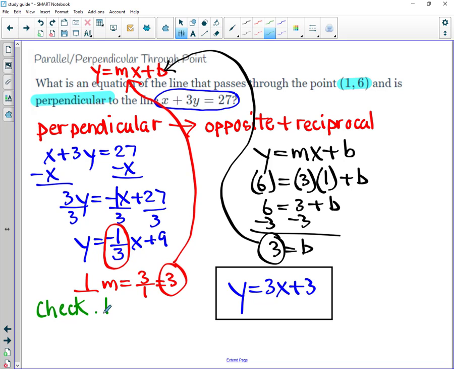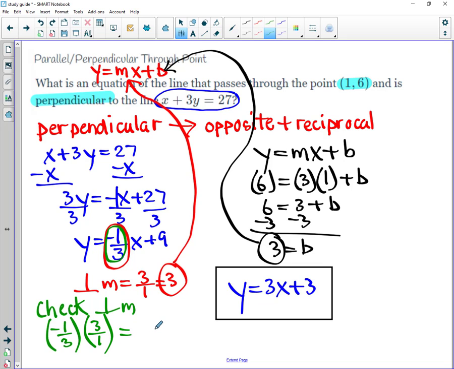If you want to check a perpendicular m, just take the two different slopes. Our first slope was -1/3. What we're going to do is multiply that slope by the second slope we got, which is 3, or 3/1, whichever one you want to put.